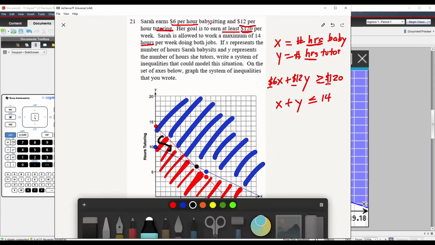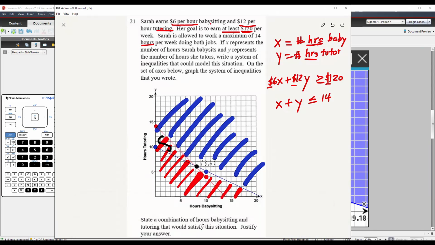Right here. And that point is 8, 6. So what that means is that if I work 8 hours of babysitting and 6 hours of tutoring, that's going to make me at least $120. And I haven't gone over the number of hours, 14. So that is a solution.